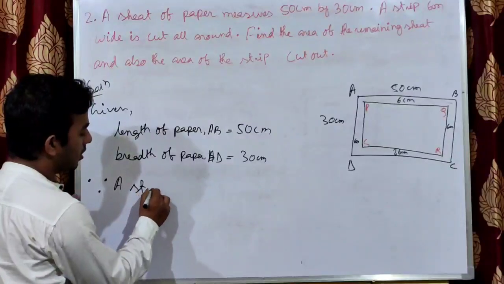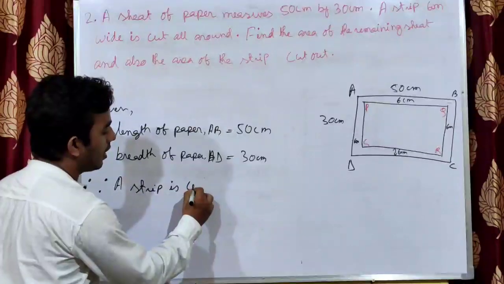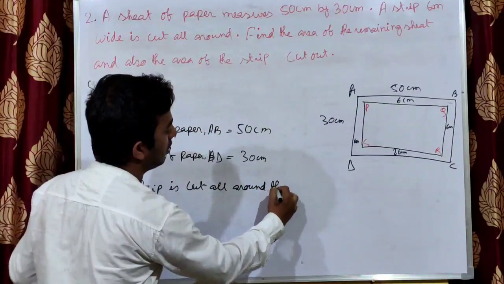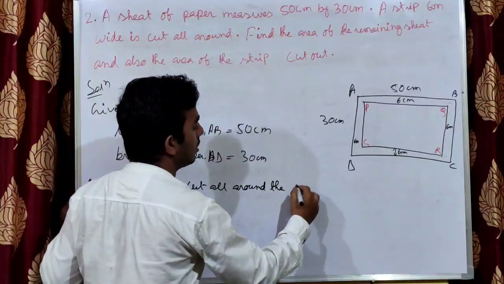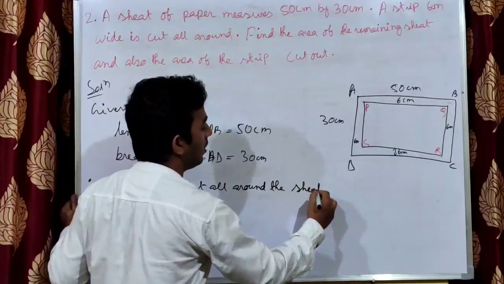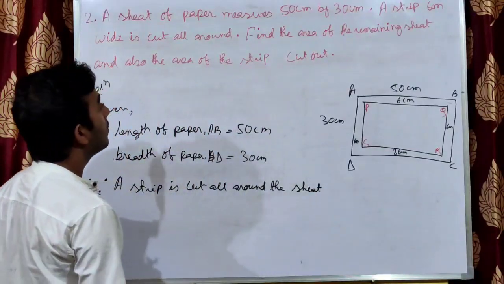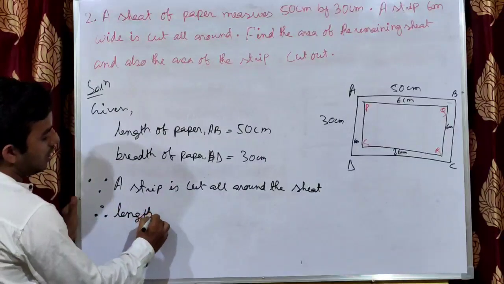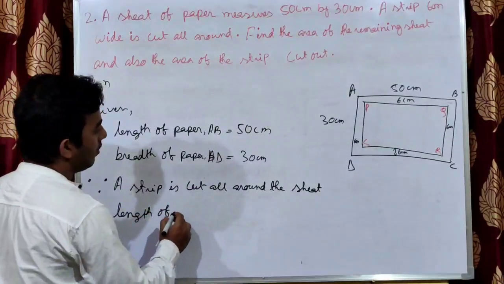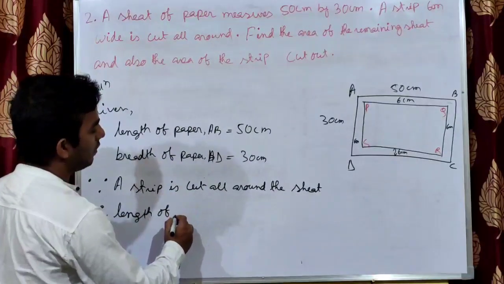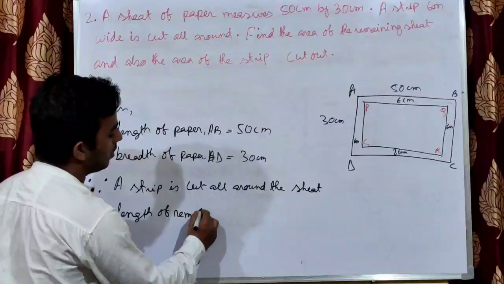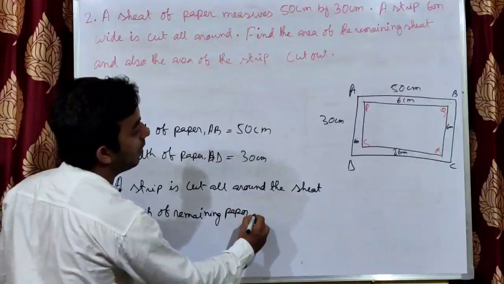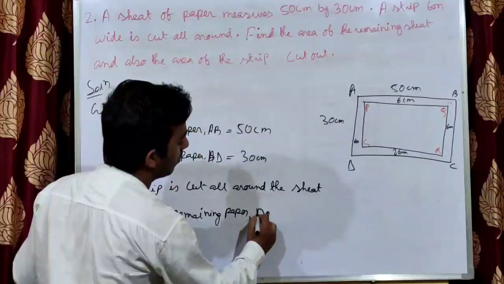Now since a strip is cut all around the sheet, therefore length of remaining paper, PQ.